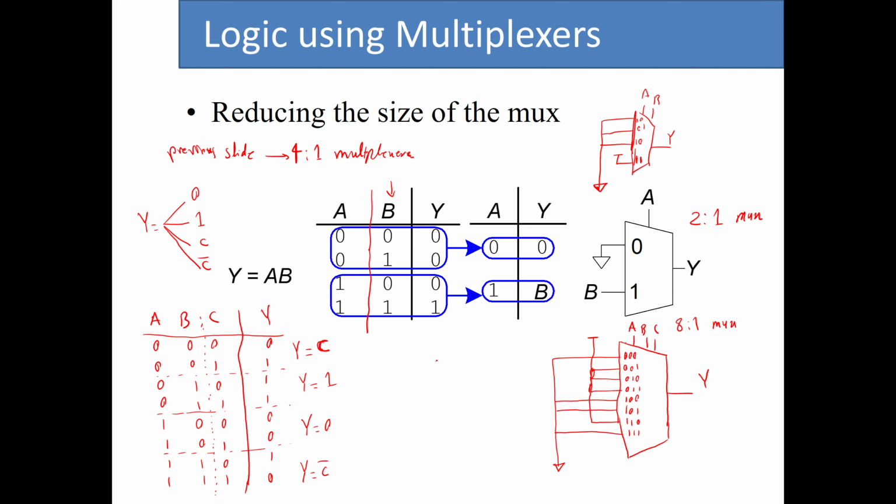So now what we can do is use a smaller multiplexer to do the implementation. Here we only need a 4-to-1 multiplexer. We use A and B as the select variables.